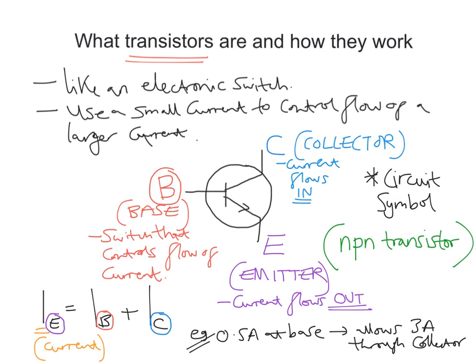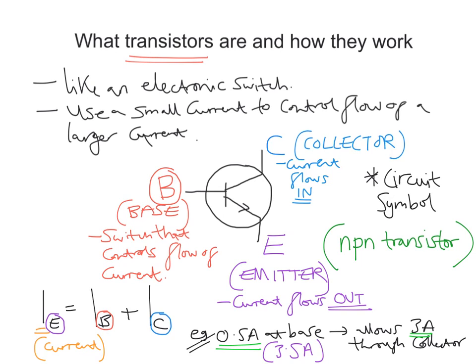And the question you may be asked is to work out the current that flows through the emitter. So the current through the base plus the current through the collector would equal the current through the emitter. So that would simply be, let's do the maths, 0.5 plus 3. So our value therefore would be 3.5 amps. So that would be the total out through the emitter. So the total current would be, in this example, 3.5 amps out of the emitter.